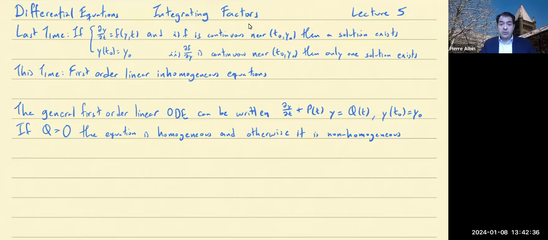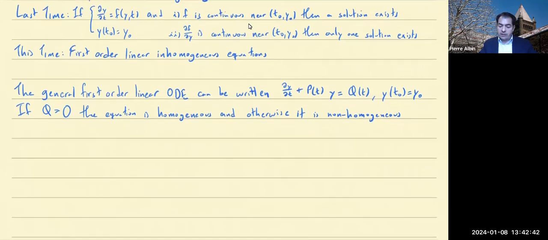Sometimes you'll see, especially in engineering, Q is called the forcing term, right? So the homogeneous equations are equations without forcing, and then you have the equations with forcing, right? These equations are simple enough that there's an improved existence and uniqueness theorem, right?